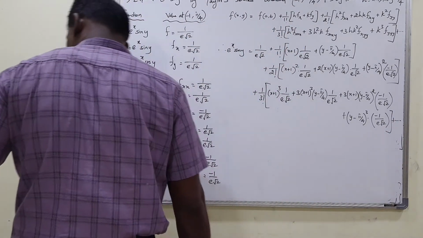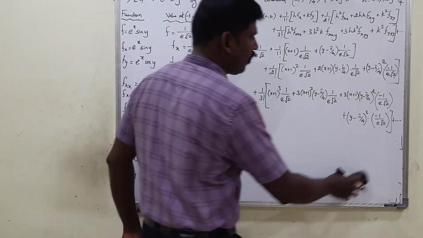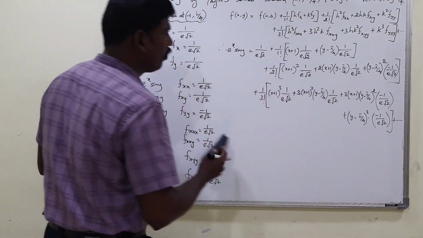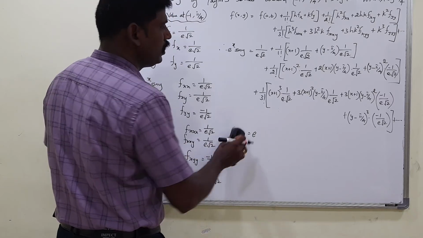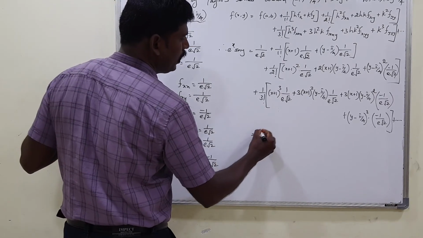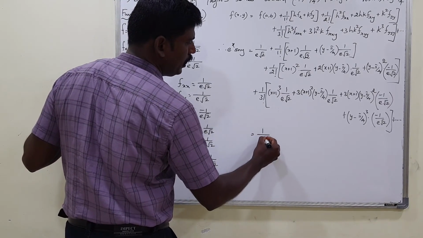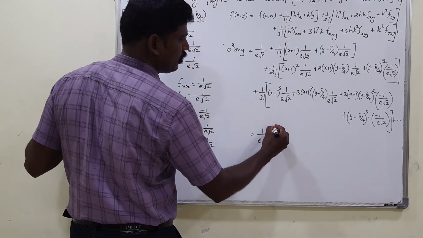Right? Shall we take e root 2 as common from all the terms? What will you get? So that is equal to 1 by e root 2. We can take 1 by e into root 2 as common from all the terms.